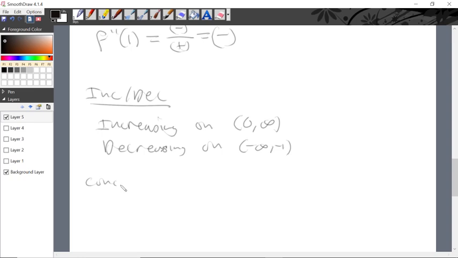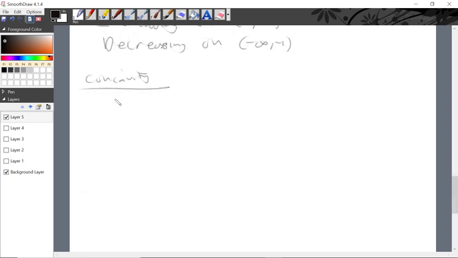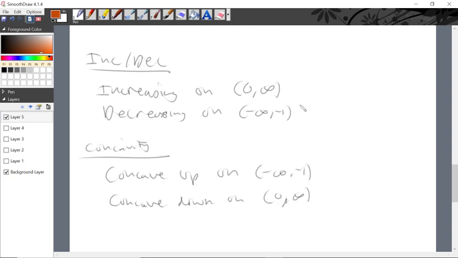Concavity: our function is concave up on the interval from negative infinity to negative 1, and concave down on the interval from 0 to infinity. These are open intervals.